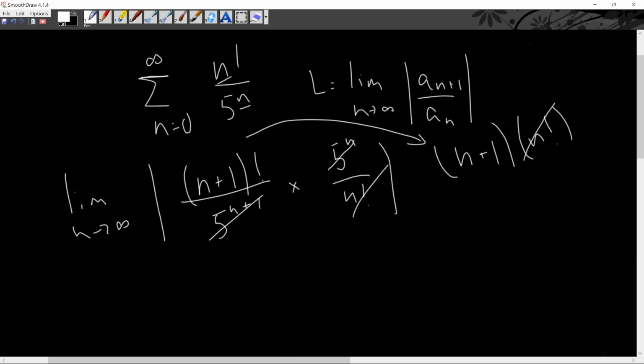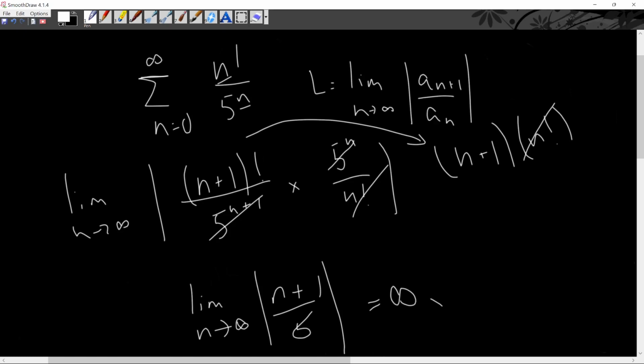You're going to have n minus (n plus 1) in parentheses, so you're going to have negative 1 at the end, which is 1/5. So you're going to have the limit as n approaches infinity of the absolute value of n plus 1 over 5. Regardless, you're going to have infinity, which is unbelievably greater than 1, which means that this series diverges.